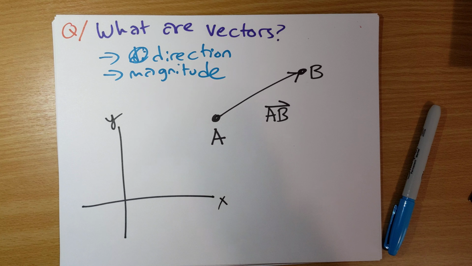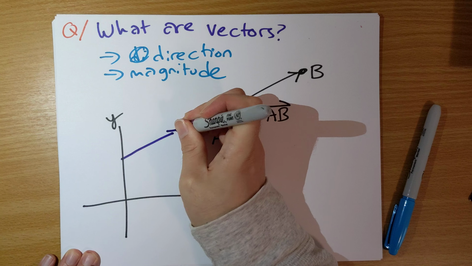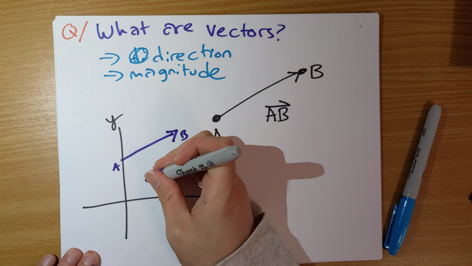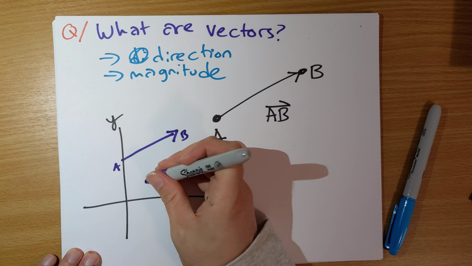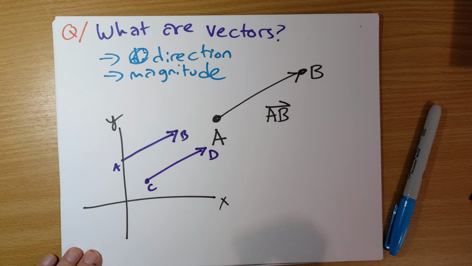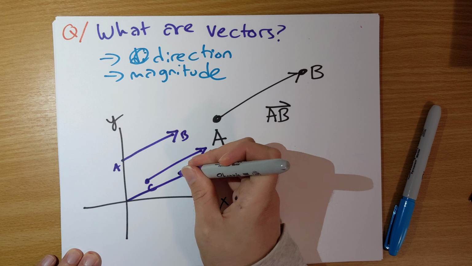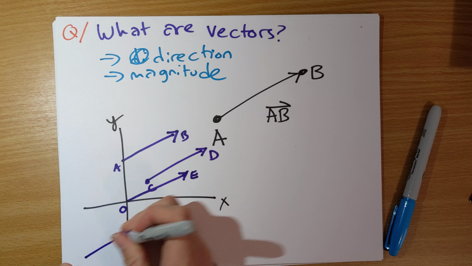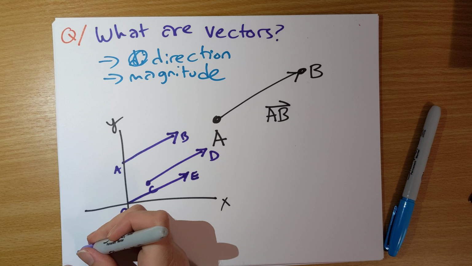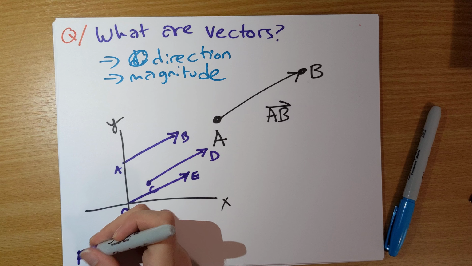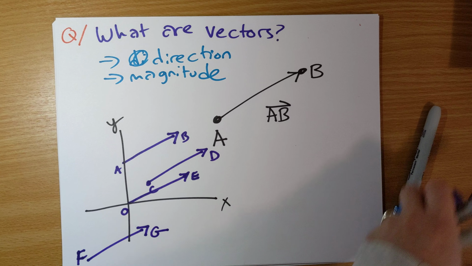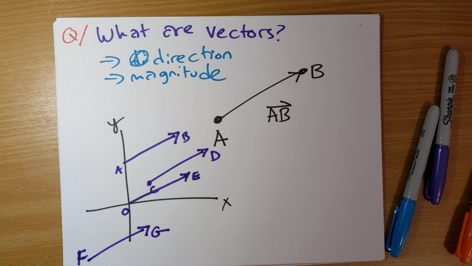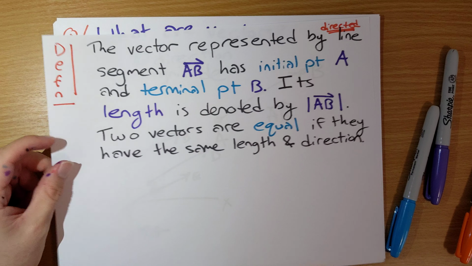So here is a vector from A to B. Here is another vector from C to D. Here is another vector from O, the origin, to E. Here is another vector from F to G. Obviously I didn't draw them perfectly, but two vectors are equal if they have the same length and direction.